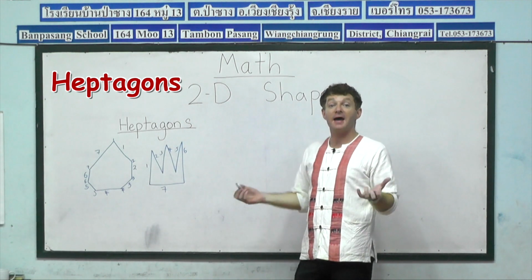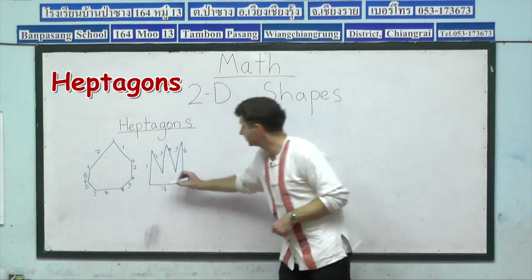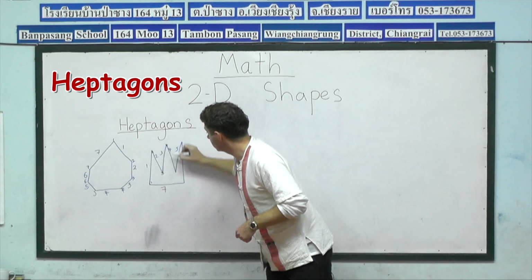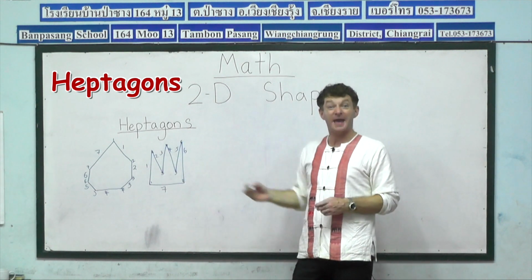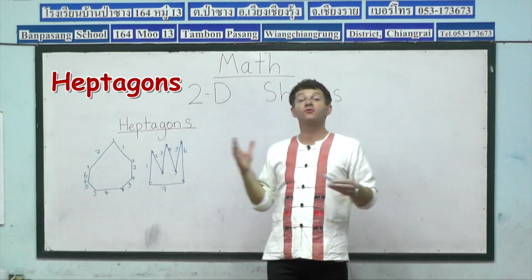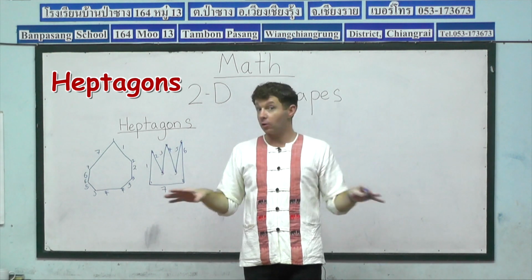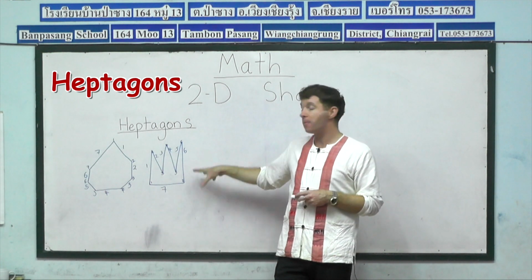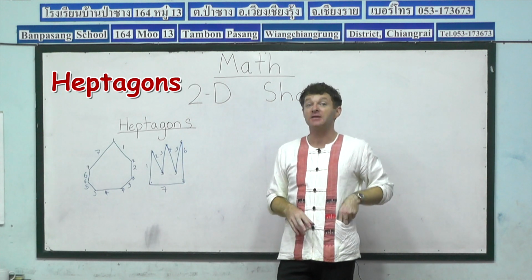And we know if it has 7 sides, how many corners must it have? 7. So it's a heptagon too. This is just to show that even though it's the same type of shape, it can look completely different. All we need to do is look at how many sides and how many corners to determine the shape.